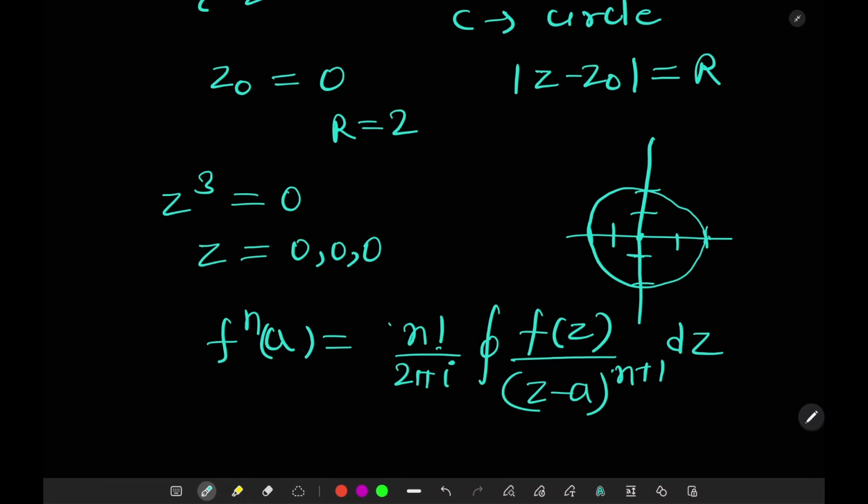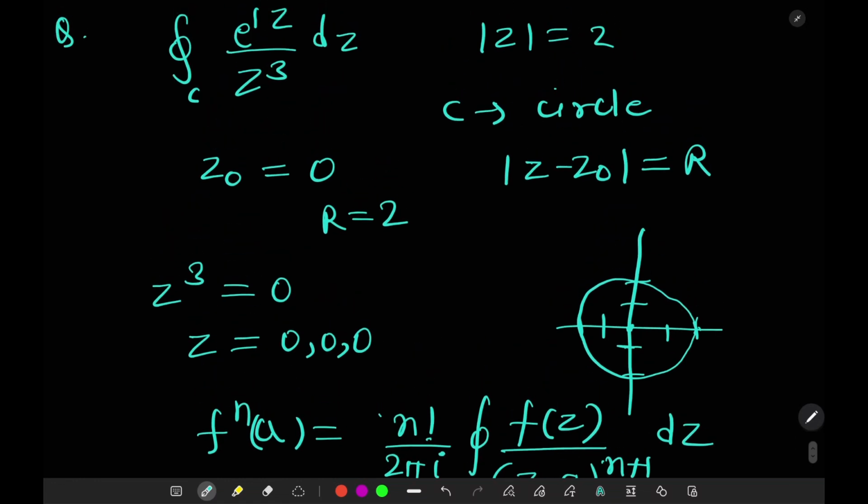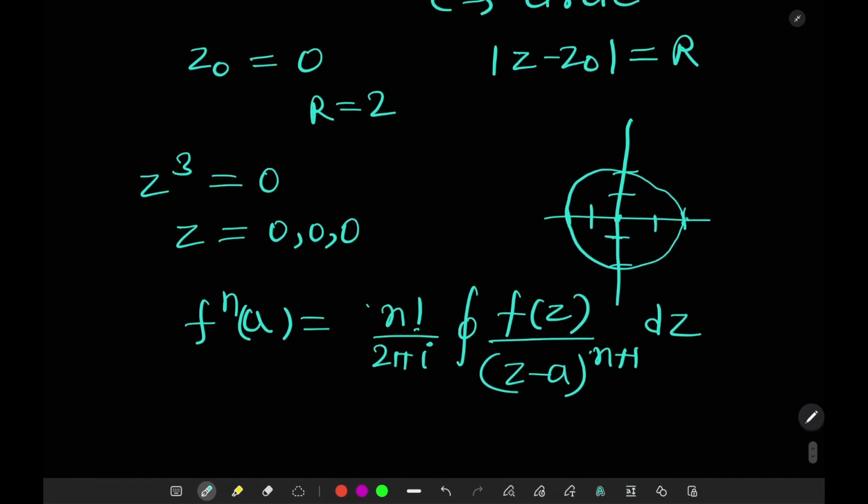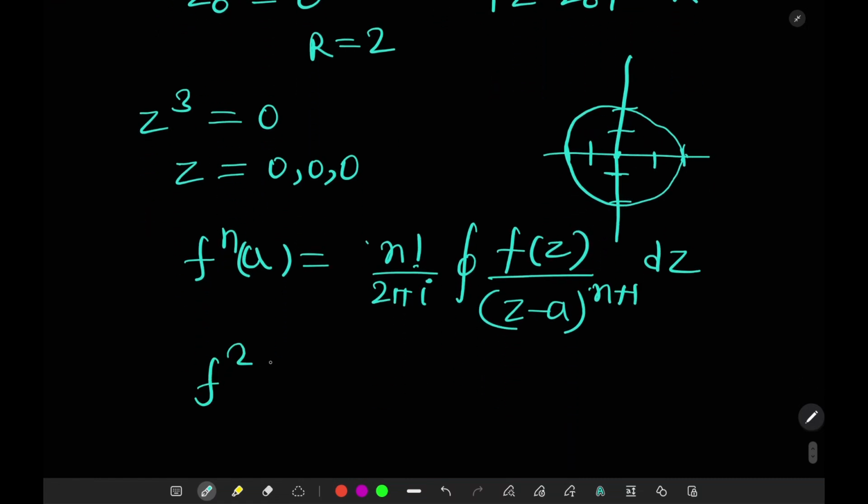dz. So this is n plus 1. Now here you can see this is z raised to power 3, so n equals 2.